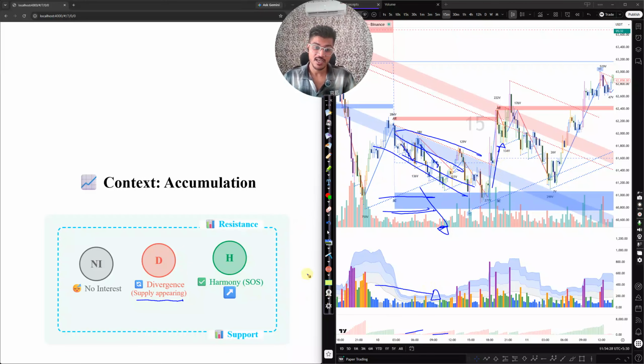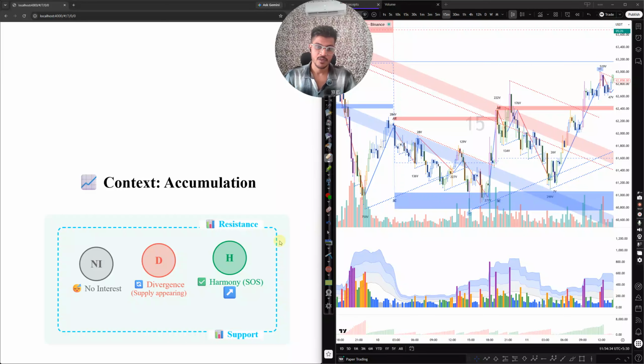After that we see a sign of strength, harmony, then a pullback, and then the market goes up. So initially we see no interest, then some interest but the market can't go down, then a sign of strength, a pullback, the market goes up, another sign of strength, and the cycle repeats.